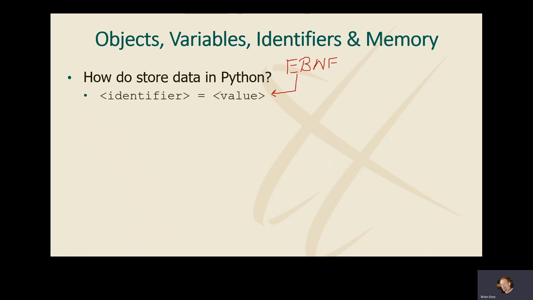The idea being anything in these angle brackets are not literal. They represent the fact that this thing can be replaced by something. In this case, some value, any value. So anything that evaluates to a value can be put there, right? A function call can be put there.